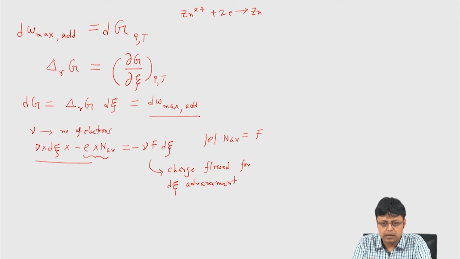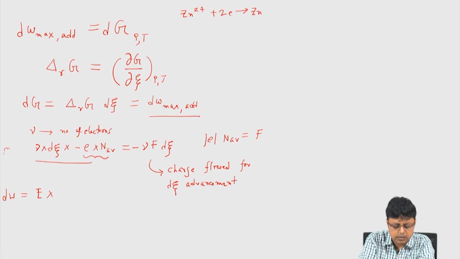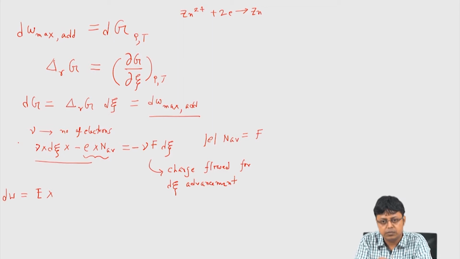Now, you can think that if I have a charge flowing through a circuit through a potential drop, say E, then the work done will be charge multiplied by this potential drop. If we call the charge Q, it will create confusion, because Q we use for heat.